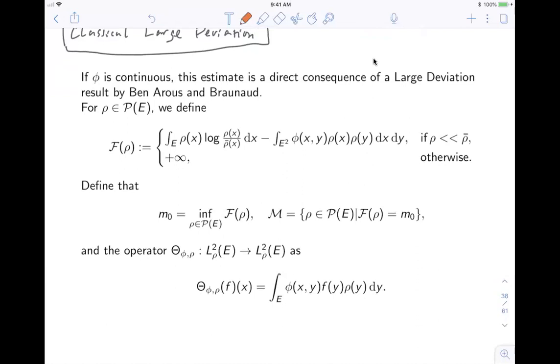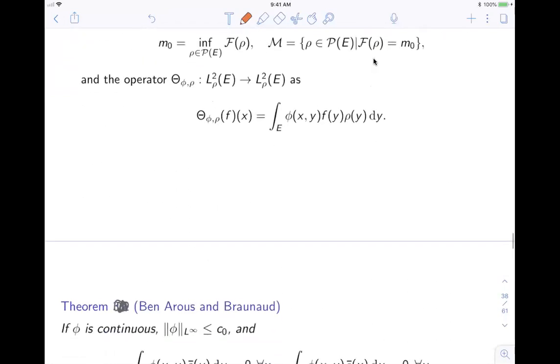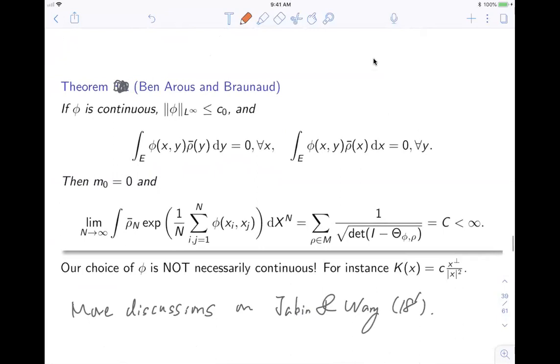In particular, in our case, this phi satisfies these two cancellation rules, and we can show that if phi is continuous, this m0 is just 0. So m0 in this specific case is just 0, and this recovers our result. You can see more discussion in our paper.